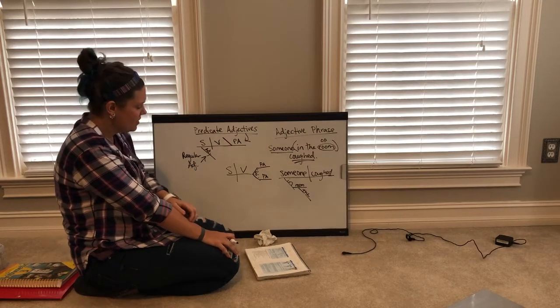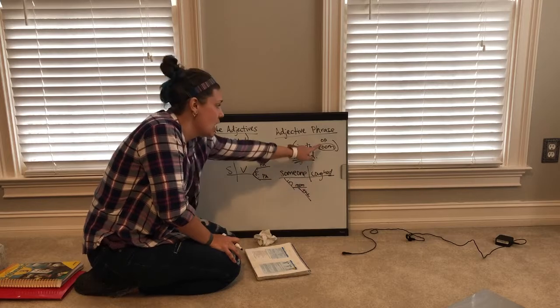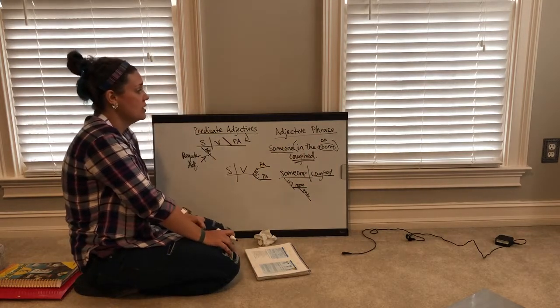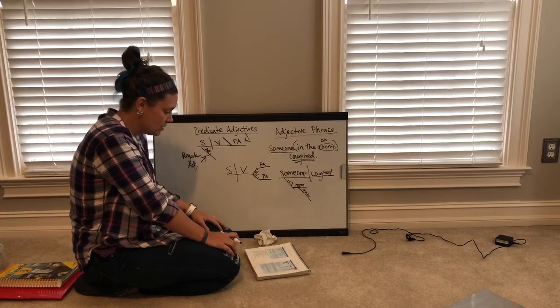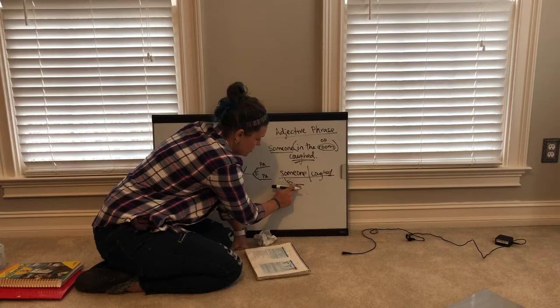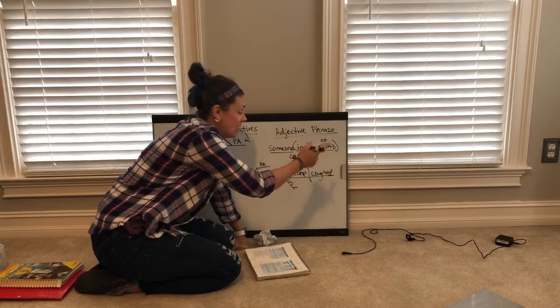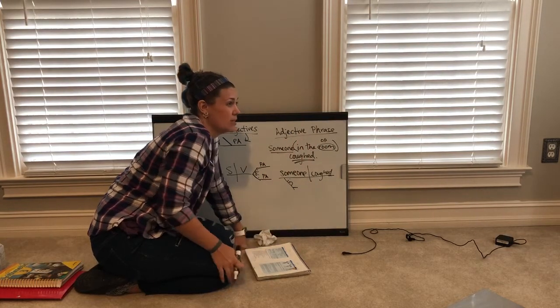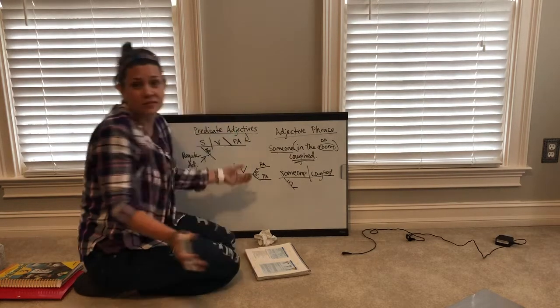Only other thing I think that we need to talk about is if there is a compound object of the preposition. Someone in the room coughed. Let's say that there was more than one object. You would, instead of drawing just one horizontal line here, say someone in the room and pool, okay?